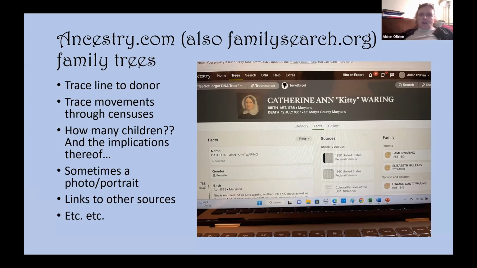So I'm just going to talk about some of the things you can learn from some of the sources. Obviously, we all know about ancestry.com, and then the Mormon church's site, familysearch.org, which is free and also has a lot of records digitized. I have a screenshot of one of our quilt makers there, and oh look, we've got the portrait of her, and we've got some facts about her.